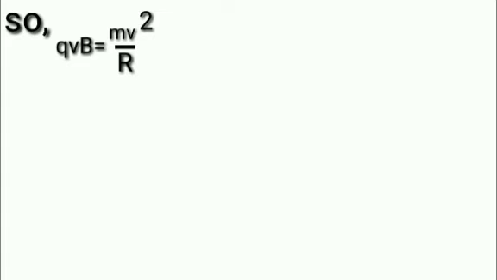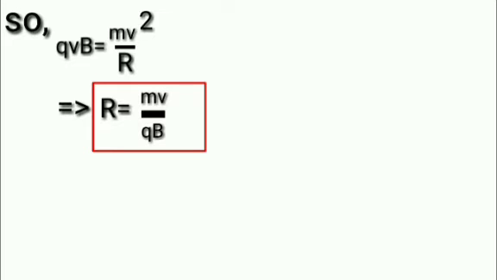From this formula we can get the expression for the radius of the circular motion of the charged particle, that is r is equal to mv divided by qB. So this is the expression for the radius of the particle which is moving in circular motion inside the cyclotron.